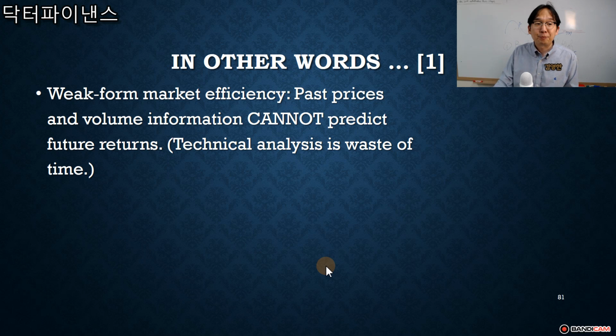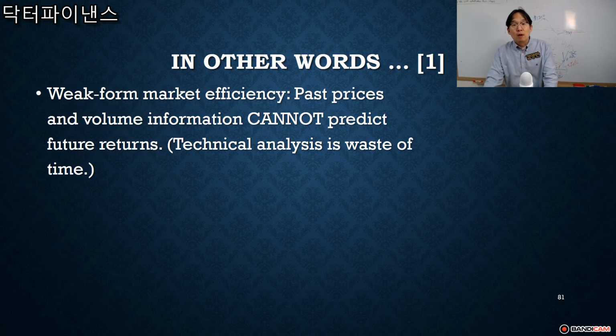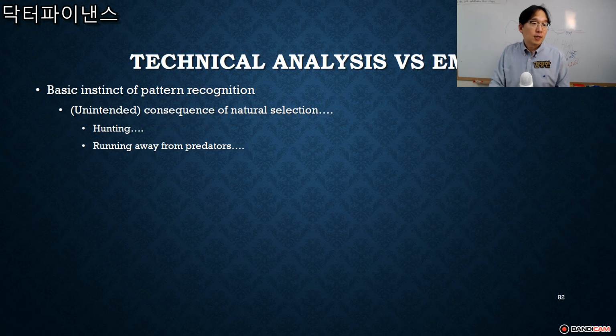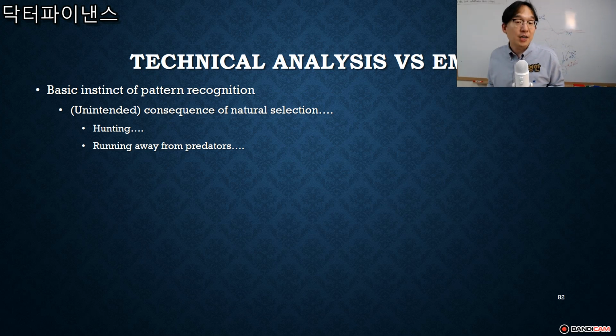Okay? Weak form market efficiency. Weak form market efficiency has a lot to do with something called technical analysis, or 기술적 분석, or Chartist, we say, Chartist. What do you mean?